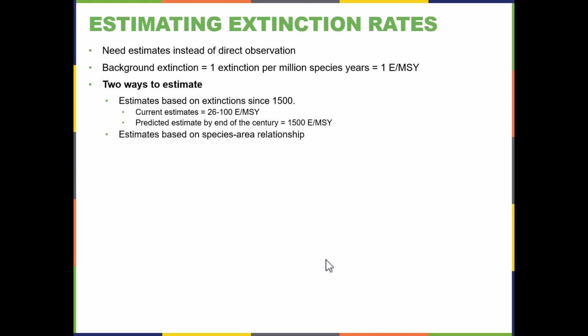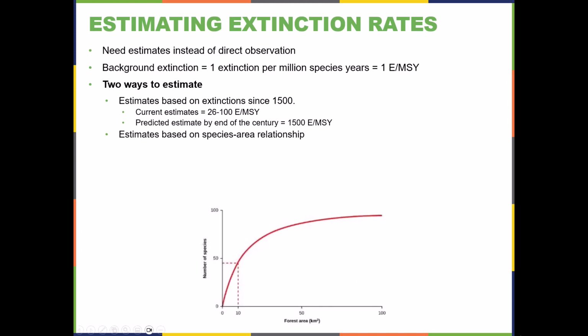Now, another way that we can estimate extinction rates is based on the species-area relationship. Remember, the species-area relationship essentially looks at the species area curve that we see here. The idea is that larger areas are going to contain more species than smaller areas. So if you think back to island biogeography, the bigger the island, the more species. We can use the species-area relationship to try to estimate the number of species that we would lose when we destroy habitat.